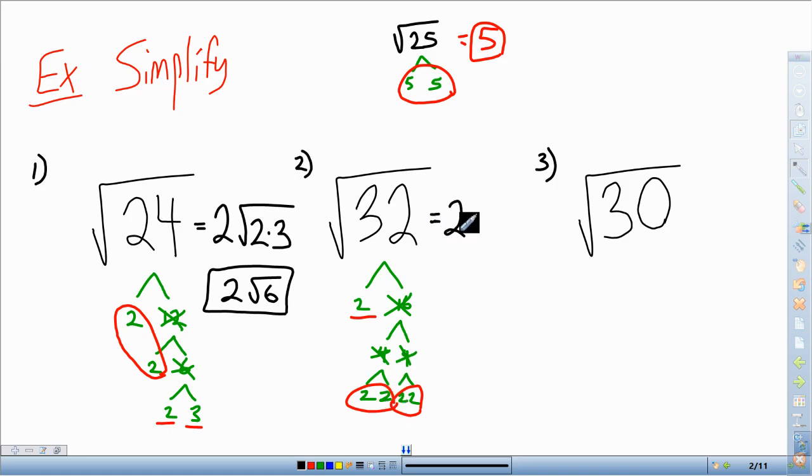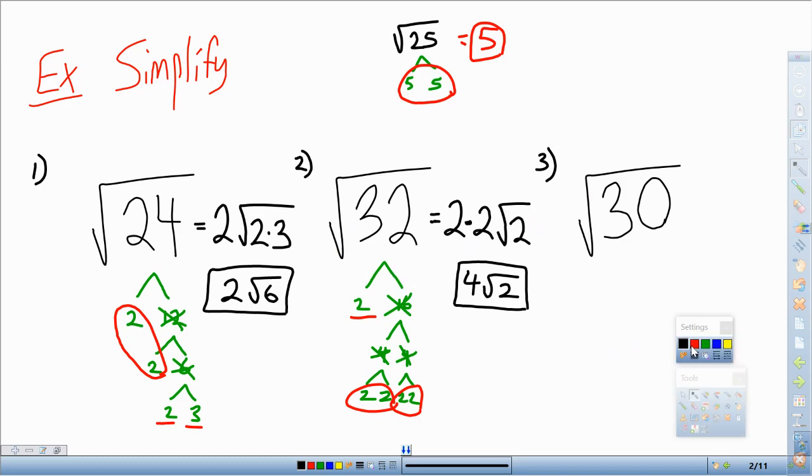This other pair of 2's means another 2 comes out. Again, they're always being multiplied together. Sorry, that's supposed to be a multiplication sign. What doesn't pair up stays in the radical. That's this 2. On this one, it just so happens we have numbers multiplying on the outside. If I do that, I get 4 square root of 2. And there is the simplified form of the square root of 32.